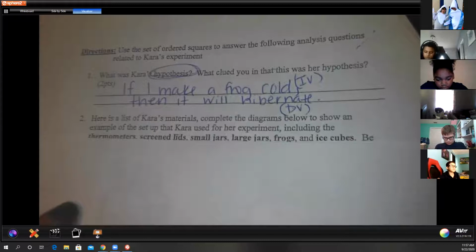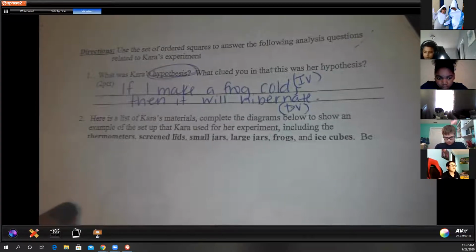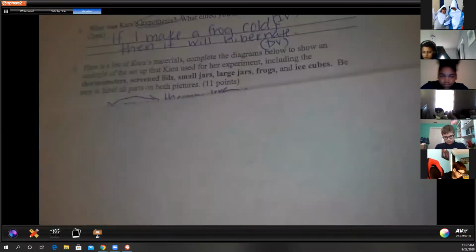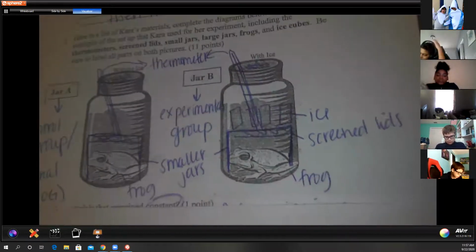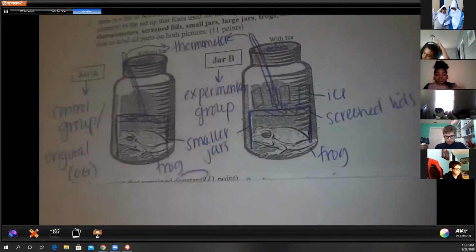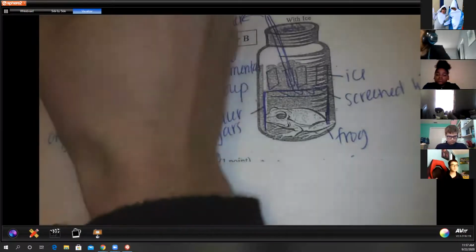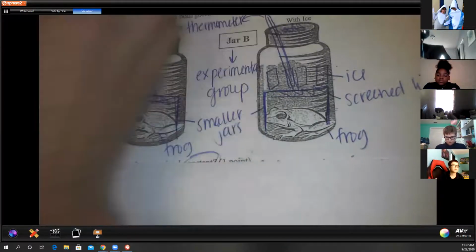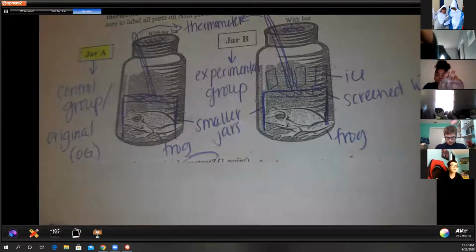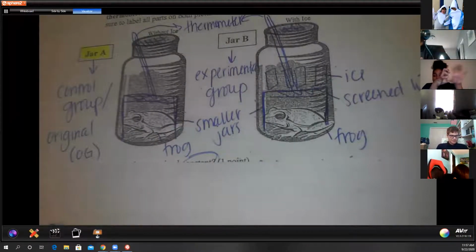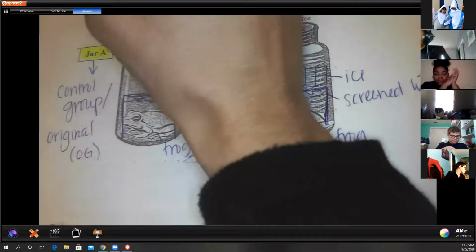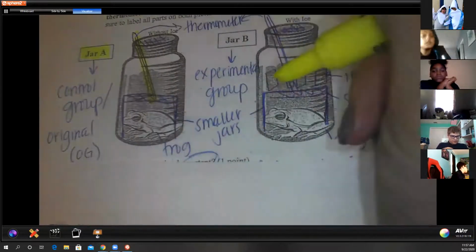All right. It's about to get really confusing up in here with this graph. This chart. So just pay attention for me. In jar A, I have a thermometer that goes into the smaller jar.